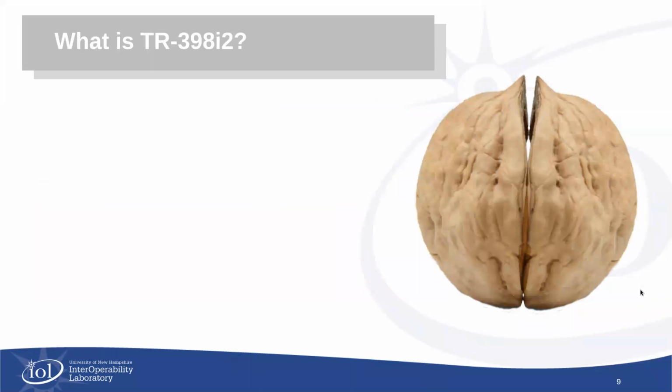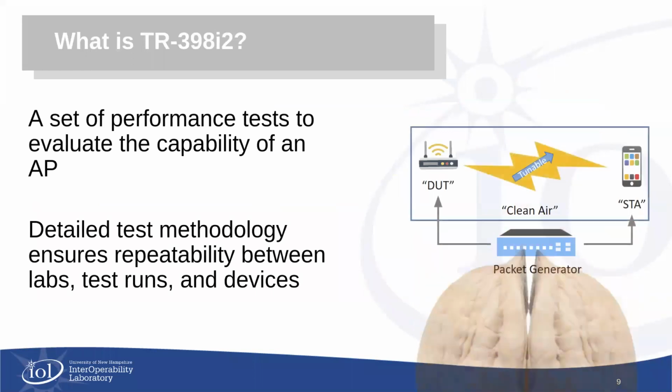Thanks, Mike, and good day to everyone. And I think that kind of sets the stage really well for diving right into, in a nutshell, what is TR398. This really is one of the first industry adopted test plans to evaluate the performance of devices.